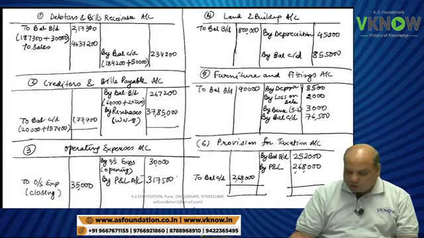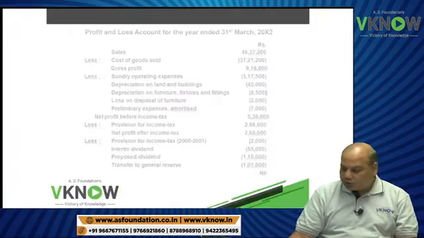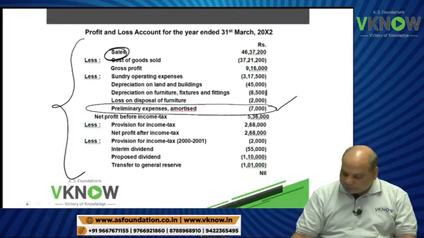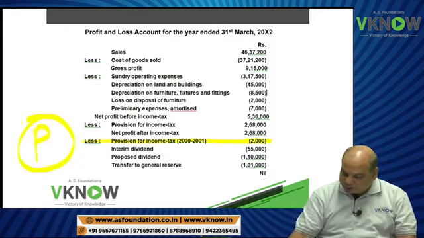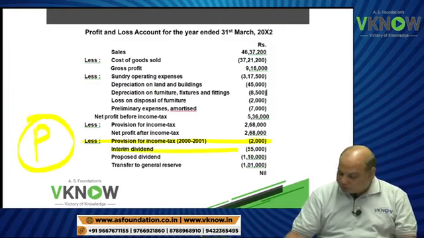Provision for income tax 2,000 rupees. This you write pending. I will come to this in the last. Interim dividend 55,000.